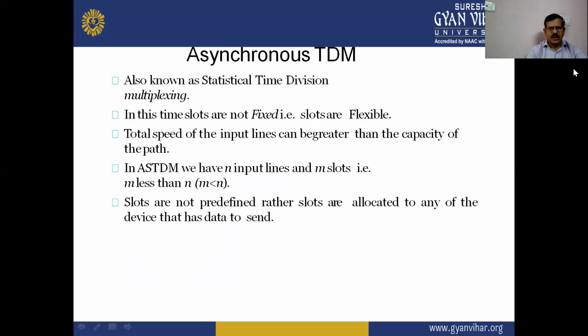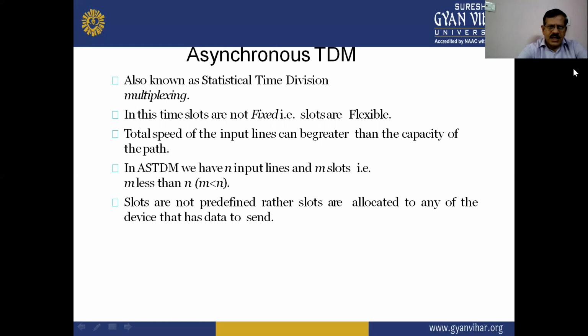Asynchronous TDM is also known as statistical time division multiplexing. In this, time slots are not fixed, or slots are flexible in asynchronous TDM. The total speed of the input lines can be greater than the capacity of the path.